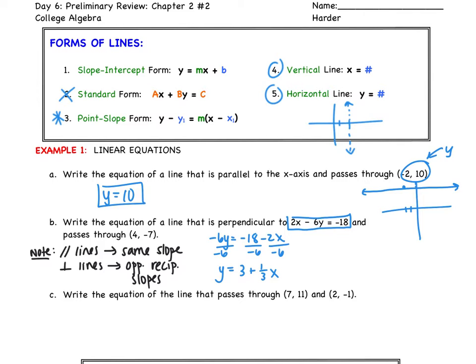So this is slope-intercept form. It's written a little funky. Y equals mx plus b. So for this line, our slope is 1/3. It's always what's in front of the x. That means then that our perpendicular slope, we flip it and change the sign. So we get a -3/1.